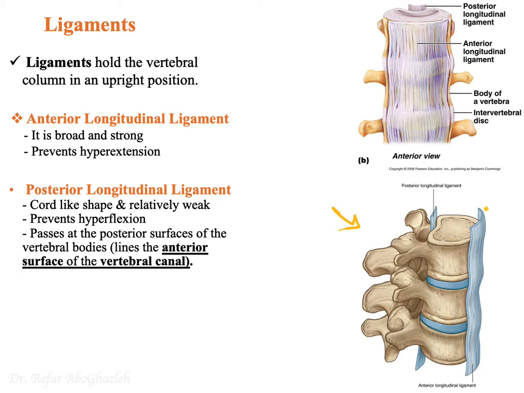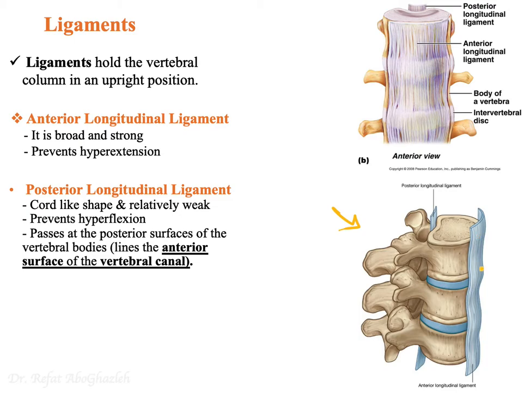There is a strong broad ligament anterior to the vertebral body, and another one, which is really a cord-like structure, directly behind the body. That means you have a ligament directly anterior to the body and one directly posterior to the body.